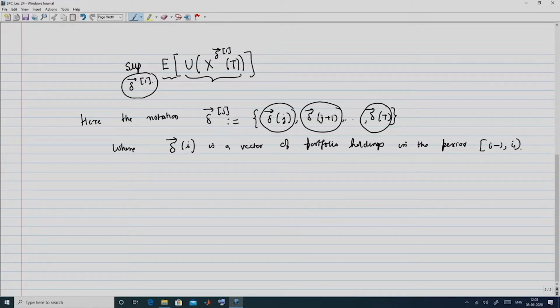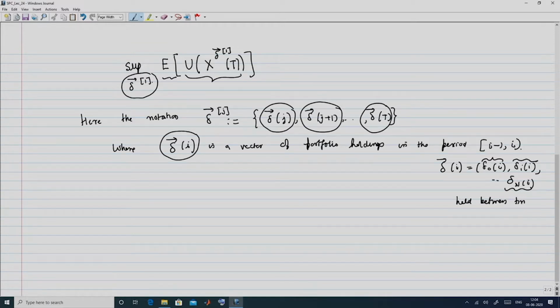So, this means that this delta i is going to be some combination of delta 0 of i, delta 1 of i all the way to delta N of i, and these are going to be the number of units of the bonds and capital N number of stocks held between time i minus 1 to i.